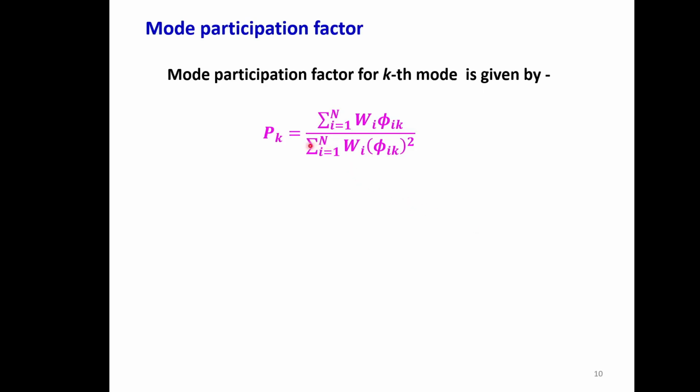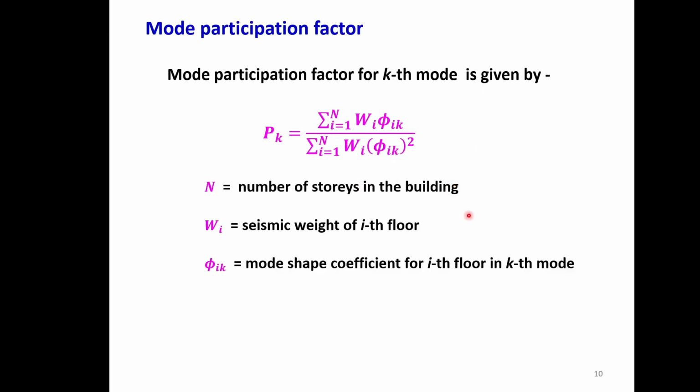It is given by this simple expression: summation of Wi phi ik divided by summation of Wi phi ik whole squared. So Pk is the mode participation factor for the kth mode, and these values we have already discussed in the previous slide. So using this you can find out the participation factor.